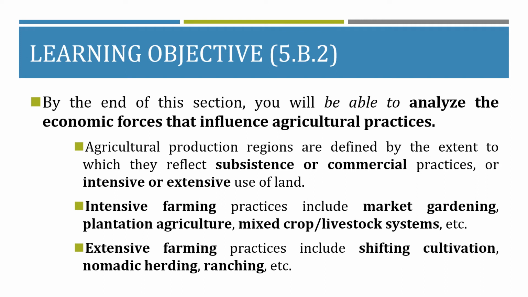Intensive means that you are heavily working a smaller plot of land. So you have a small plot of land and you're trying to get a lot out of that. Extensive farming includes shifting cultivation, nomadic herding, ranching. This means you have a lot of land and you're not getting very much output per area of land.